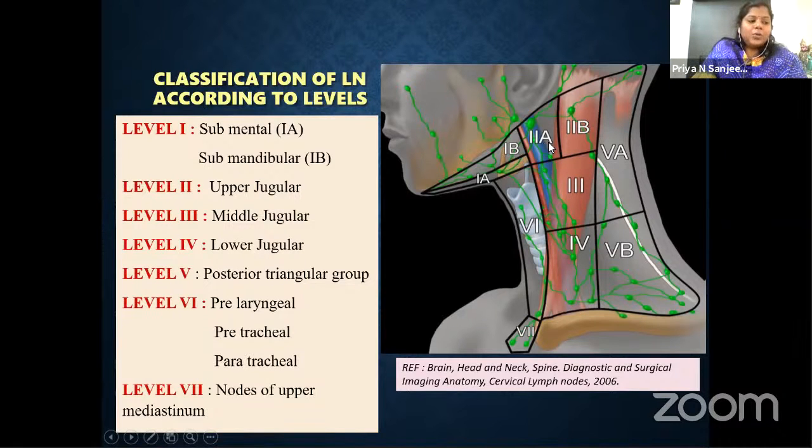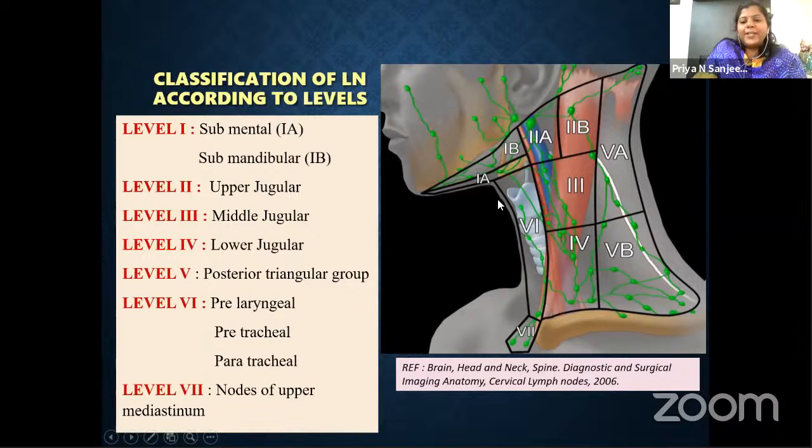Then level 2, A and B, receives lymphatic drainage from squamous cell carcinoma of the oral cavity, nasopharynx, oropharynx, larynx, and the parotid lymph nodes. Level 3 group of lymph nodes are involved when there is a squamous cell carcinoma of the oral cavity, nasopharynx, oropharynx, hypopharynx, and larynx.